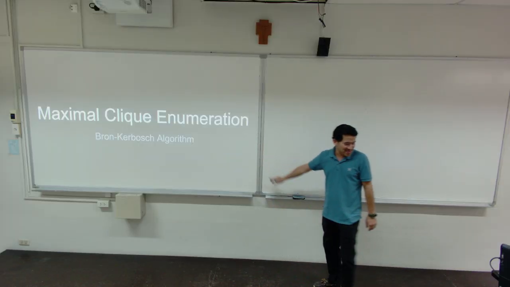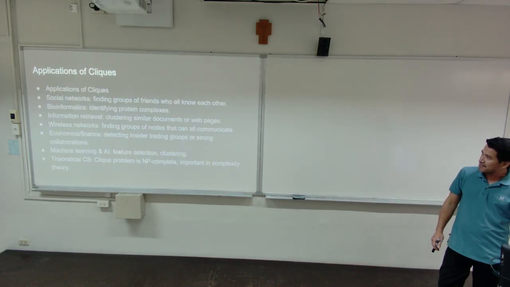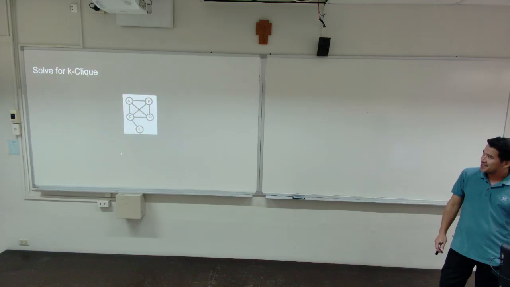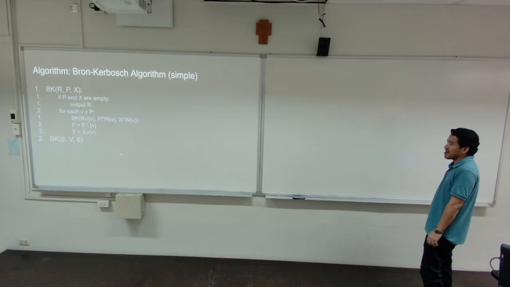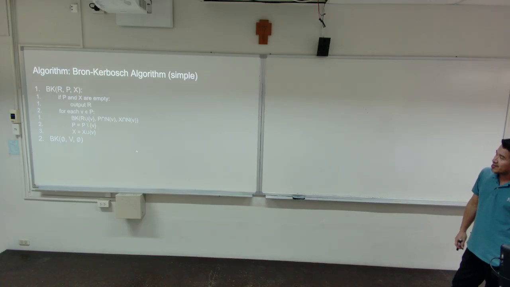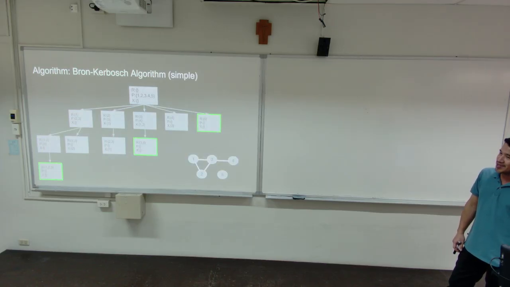Okay, so last meeting we talked about this algorithm. Okay, this one. And then we're going to improve this algorithm by adding a pivot. So the goal of improving this algorithm is to reduce the time and space, or in this case, the number of iterations.